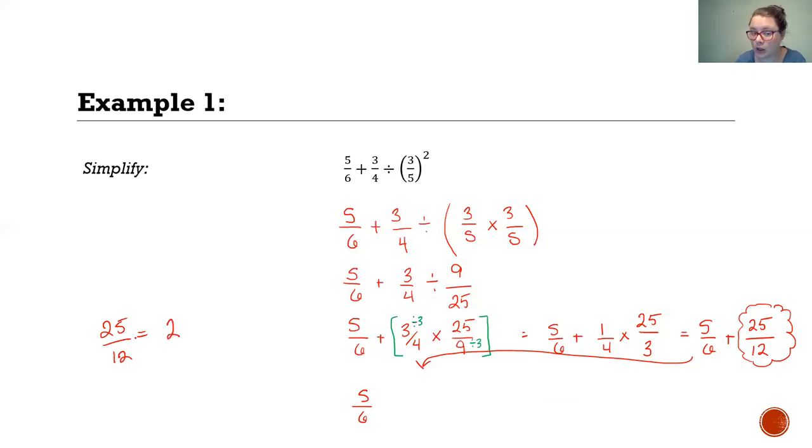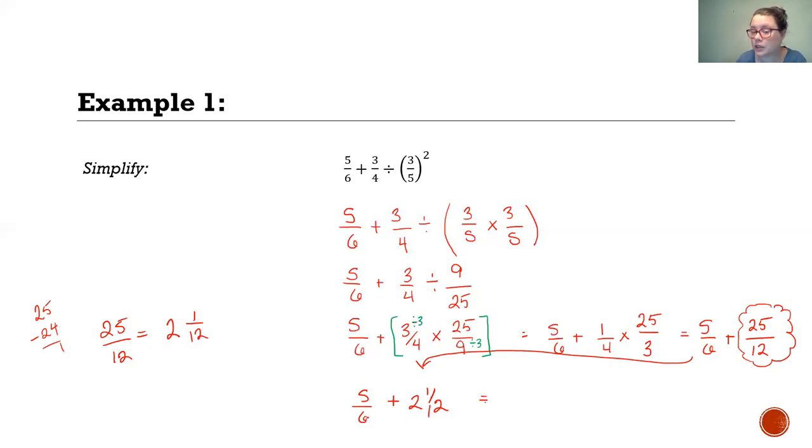So I have 2 twelves. 25 minus 24 leaves me with 1 left, and 1 twelfth. Okay, so 5/6 plus 2 and 1 twelfth. That's the same thing as this fraction. It's going to make it a little easier for us to do some reducing after. So that should be a 12, not a 2.